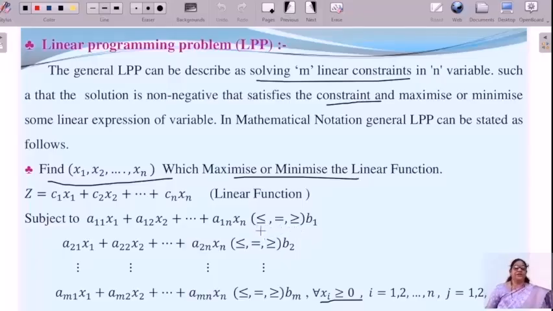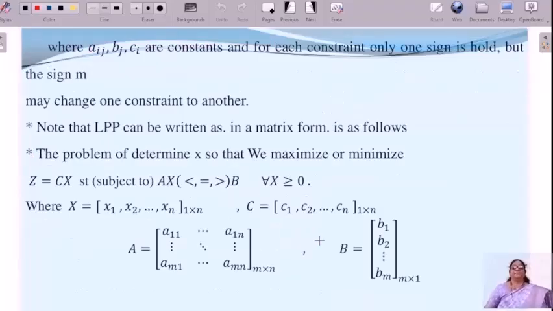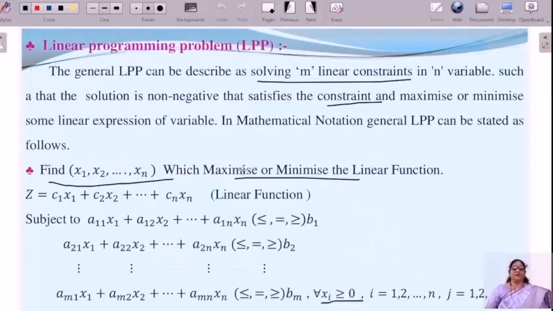Only one sign holds, and the sign may be changed from one constraint to another.